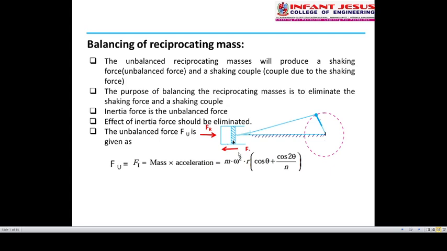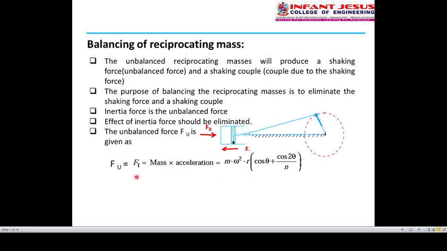Theta is the angle of inclination of the crank. And n is the ratio L by r, that is, the length of the connecting rod L divided by the crank radius r.